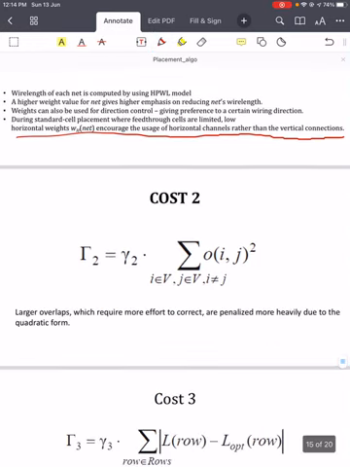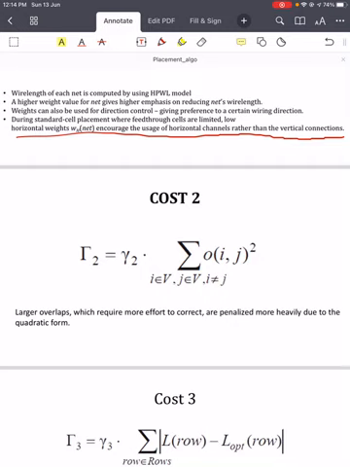Now next is cost 2, or capital gamma 2. It basically represents the total cell overlap of the placement. Let O_ij represent the area of overlap between cells i and j.